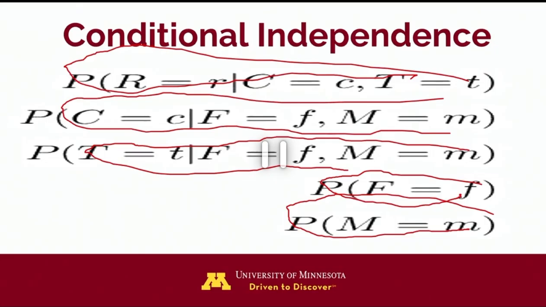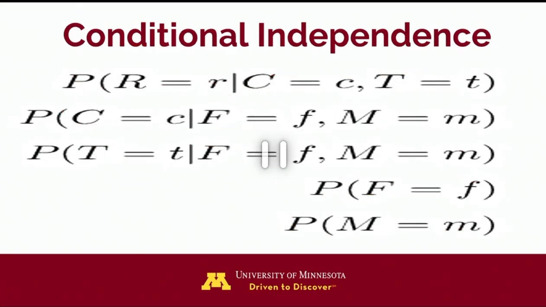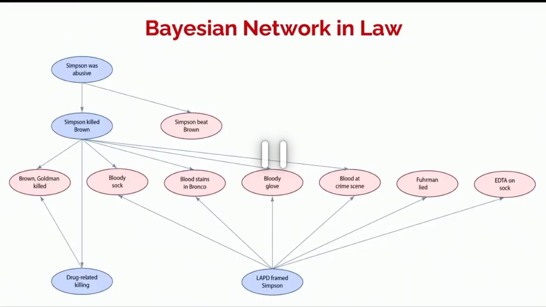I want to move right now to a celebrated case in Los Angeles, 1994. Has anybody heard about O.J. Simpson? O.J. Simpson was tried. That was a celebrated case in the United States, 1994, in Los Angeles, California. O.J. Simpson was a well-known American footballer.